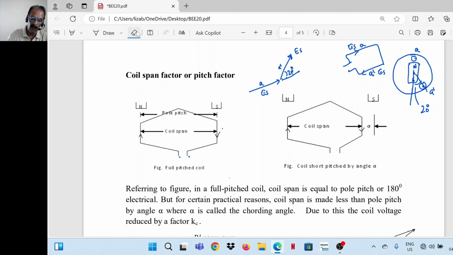So the total voltage in coil A is the phasor sum of the voltages.